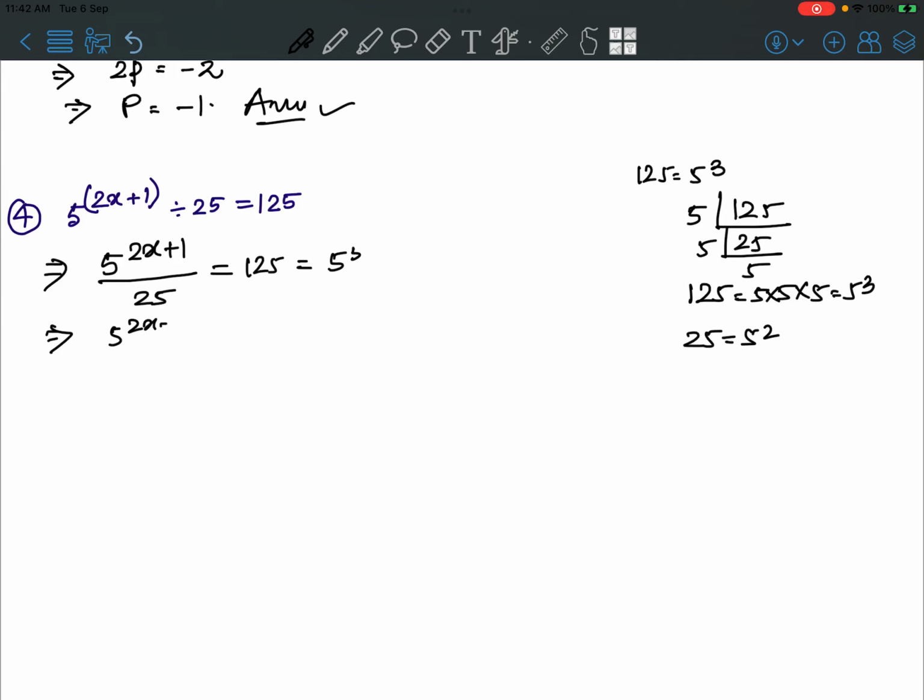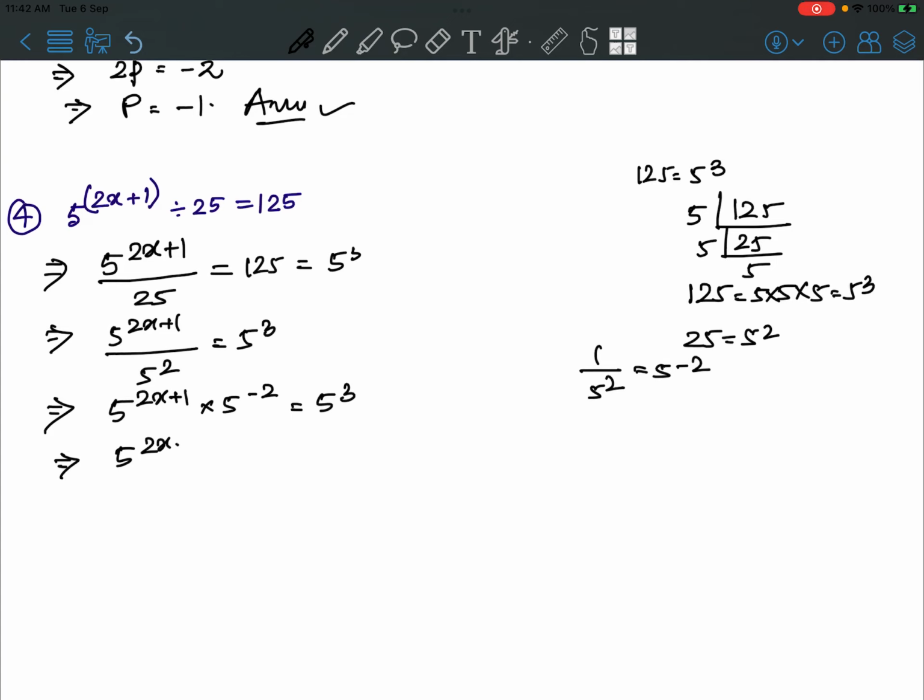Then 5 to the power 2x plus 1 divided by 5 square equals 5 cube. We can do it the same way, using the reciprocal: 5 square in the denominator we can write as 5 to the power minus 2. That means 5 to the power 2x plus 1 into 5 to the power minus 2 equals 5 cube. That means 2x plus 1 plus minus 2. That is the same formula, a to the power m into a to the power n equals a to the power m plus n.